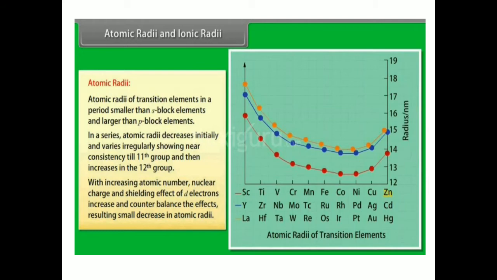If you move in a period, the first two elements of any period belong to the s block and the next 10 elements belong to the d block. While moving from left to right in a period, atomic radii will decrease, so smaller atomic sizes can be noticed at the beginning of each transition series.